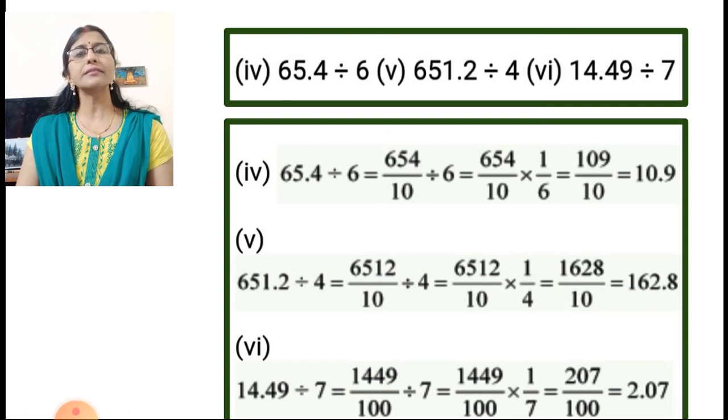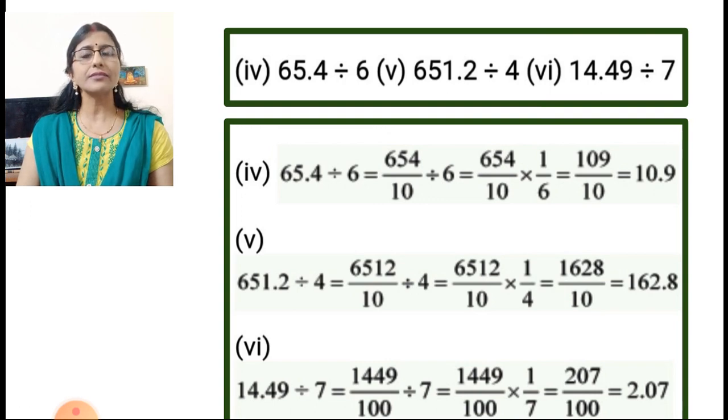Okay, 4 and this two numbers we can reduce before going to the next step, and you will get 1628 divided by 10. Now you can see here 10 is there in the denominator, so point will be shifted to the left side by one place. So the answer will be 162.8.